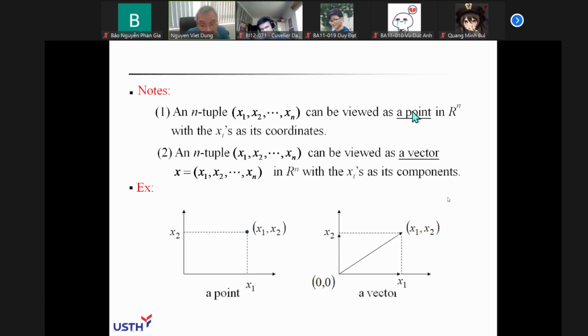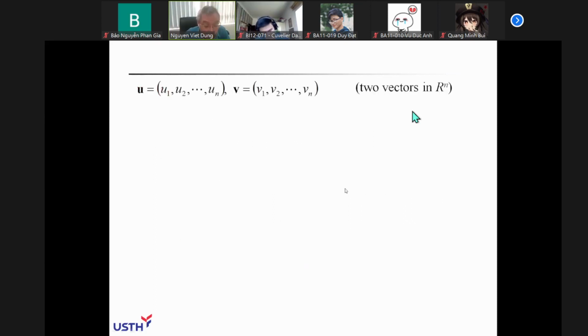And next, we are going to define the operation on the vector. Once again, I repeat that any sequence like that, that is an element inside what I call the n space R^n, we call a vector. And now we are going to define some operations on that.